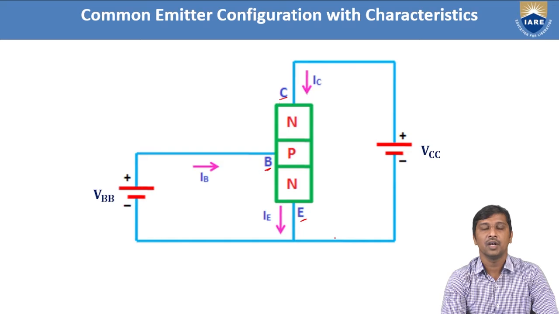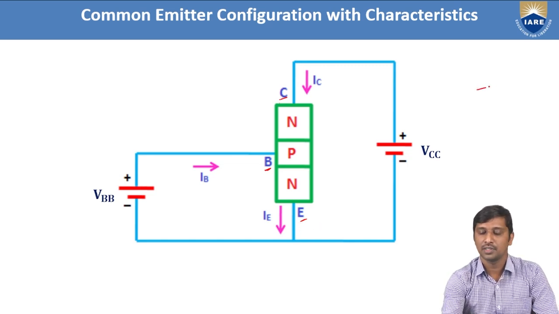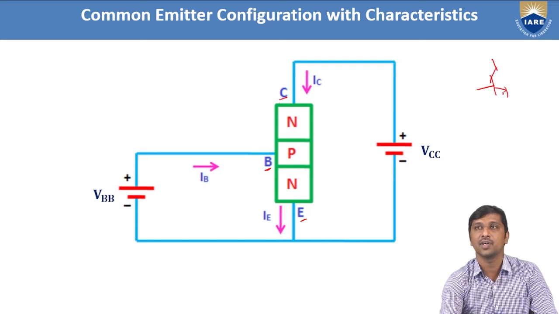Out of these three terminals, we need to identify that the base acts as the input side and the collector is used as the output side, with respect to the common terminal, the emitter. This is the NPN transistor symbolic representation: base, collector, and emitter.